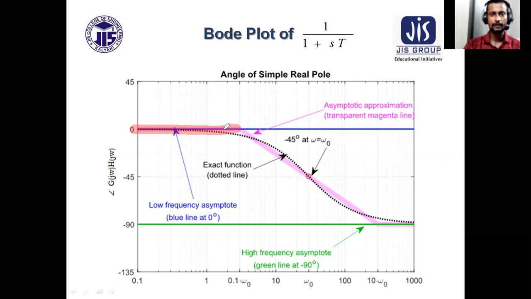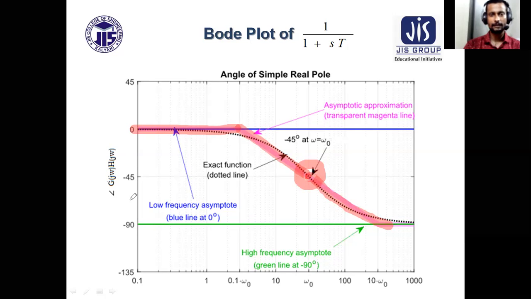For very low frequency, the phase angle is 0 degree. At corner frequency, this is the corner frequency, the phase angle will move to minus 45 degree. Again, at very high frequency, it will move to minus 90 degree.